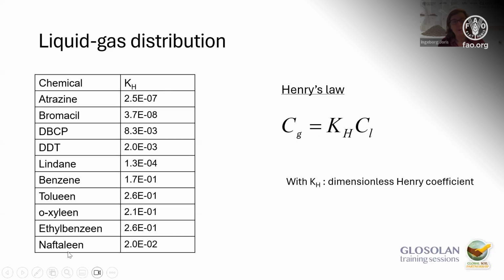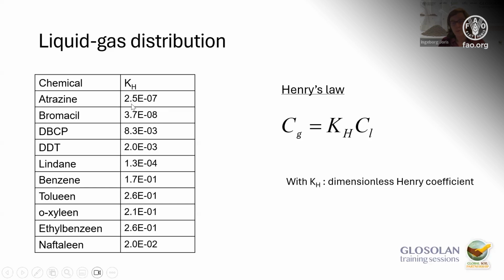But for organic compounds, you have a big range going from, for example, for benzene, it's only 0.17. So this is a very high value. This means that benzene has a high tendency to go into the soil air, the soil gas phase. But then bromacil, like we saw earlier, is mobile in the water phase.